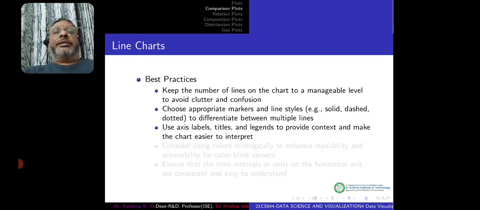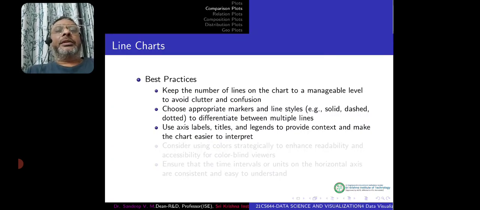So it's always necessary to use the axis labels, titles, legends to provide the context and make the chart easier to interpret. Instead of just showing the chart, make sure that the axes are properly labeled, a title of the chart is well defined, and all the legends like each data or each line chart is representing what data and all that.